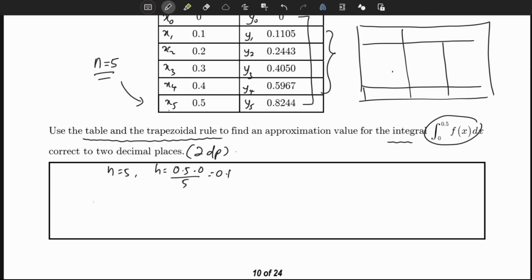So the integral from 0 to 0.5 of f(x). We are not given f(x), so you just need to use the values given.